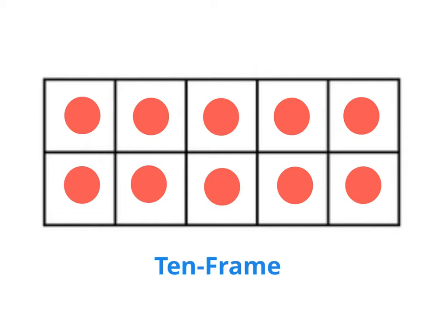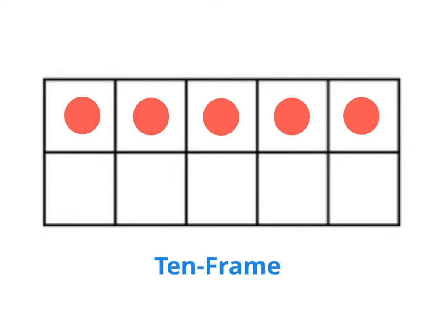Now I'm going to take away some counters. Look and see what happens now. So, how many counters are there now? Pause the video and turn and talk to your partner. How many counters are there now?